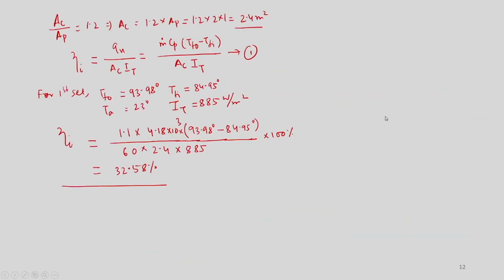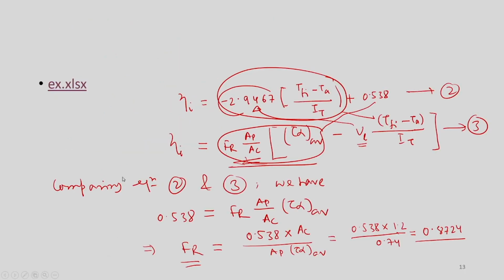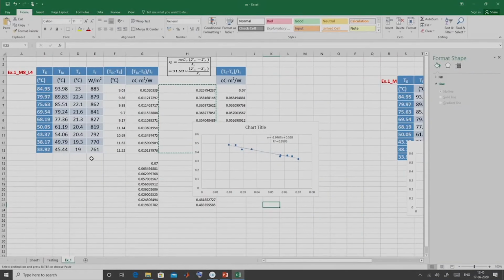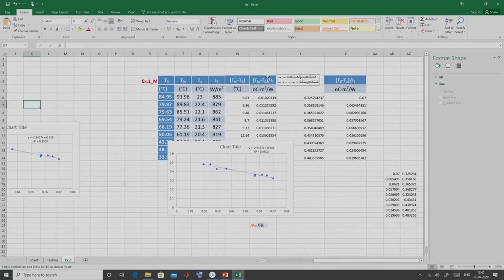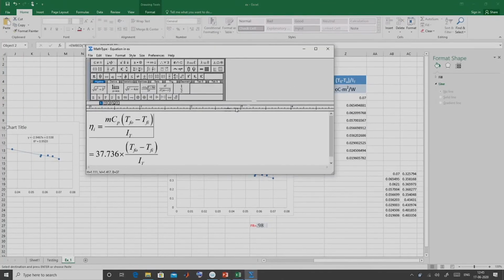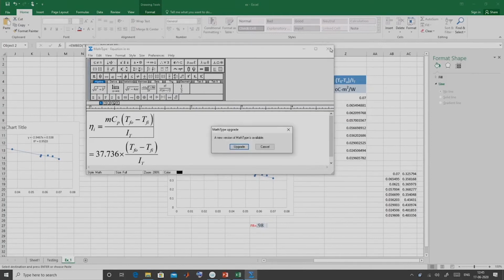So, what is the next part? Again we need to calculate the FR value if our flow rate is increased to 1.3 kg per minute. So, again we will go back to the spreadsheet, and I have already done this calculation for this case. These equations are known, only the change will be this part, 37.735.